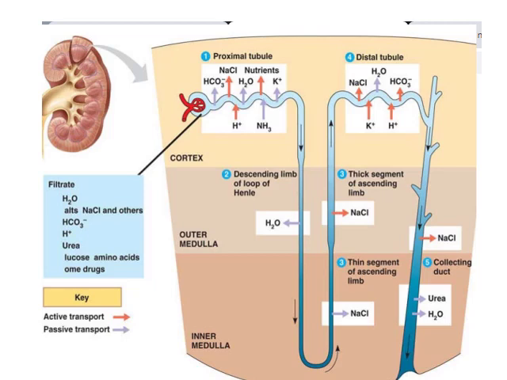Here you can see on the left side of the diagram the filtrate that contains water, salts, NaCl and others, bicarbonate ions, hydrogen ions, urea, glucose, amino acids, some drugs, and active transport and passive transport. So the red arrow is active transport, and the gray or blue arrow is passive transport.